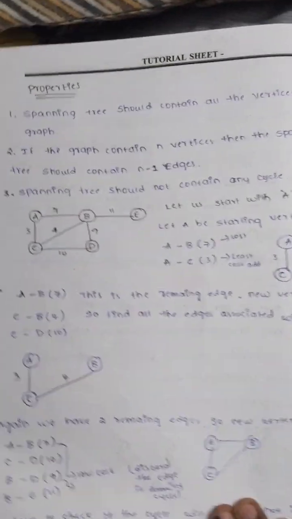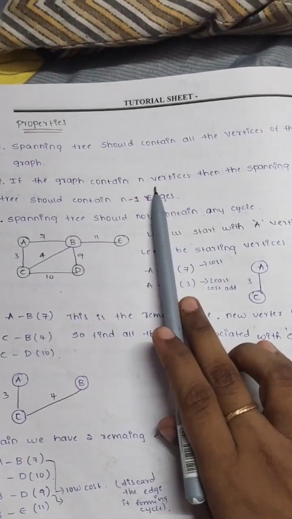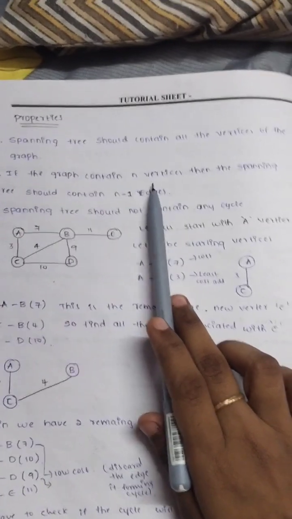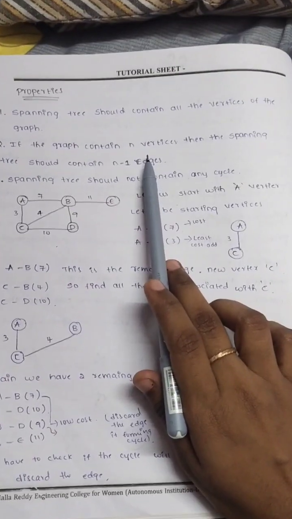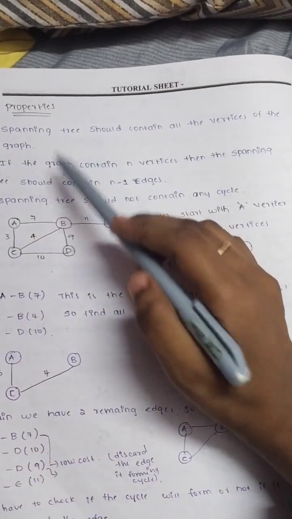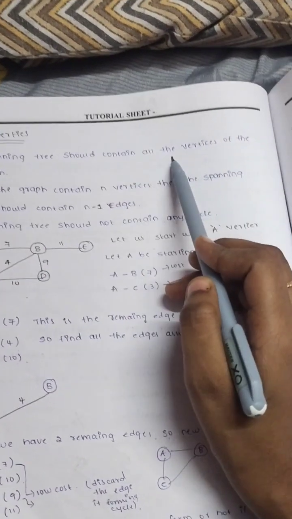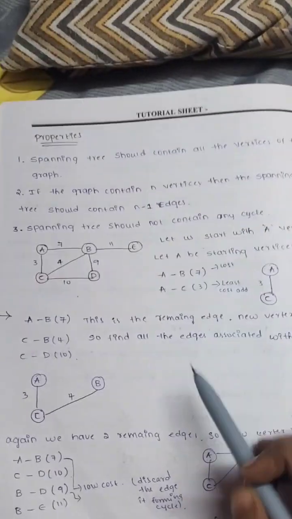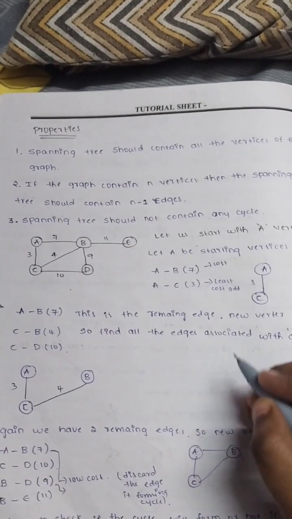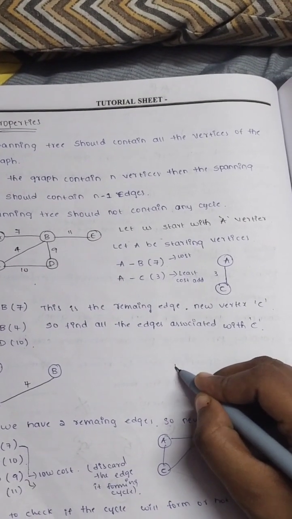Here we have 3 main properties to find the minimum cost of a spanning tree. These are 3 steps. First, the spanning tree should contain all the vertices of the graph. So the spanning tree we form should contain all 5 vertices.